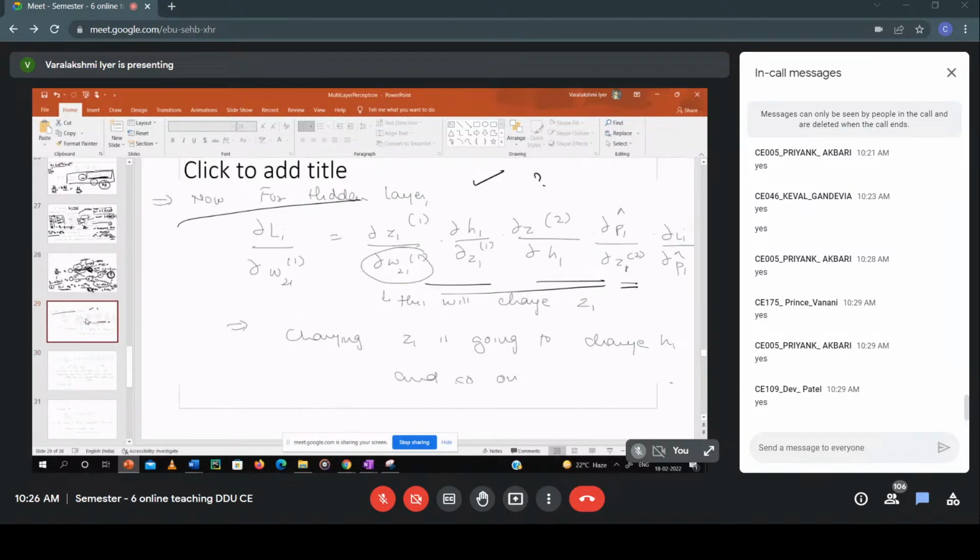Now in the next lecture we'll go to the derivation, and then we'll conclude with the actual derivation that is present in your textbook, the Tom Mitchell book, and how to interpret that particular derivation. You will automatically understand the derivation after you get clear with this particular part. Then we'll conclude with the backpropagation algorithm in the multi-layer perceptron. I hope that everyone is clear with today's lecture. Still, if you have any doubts, we'll discuss further in the next lecture.